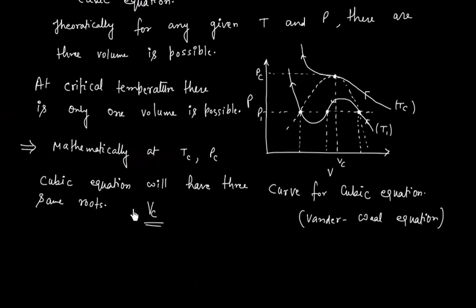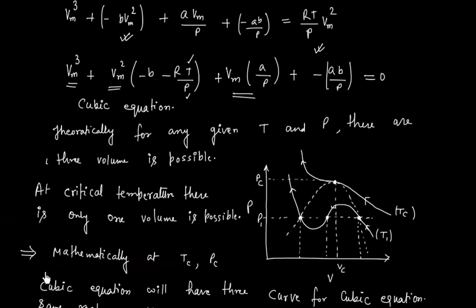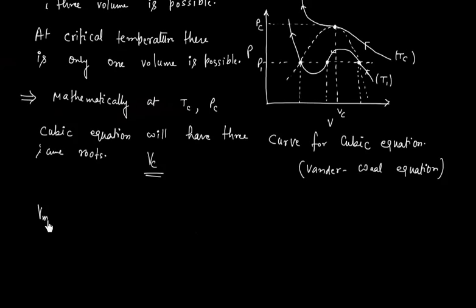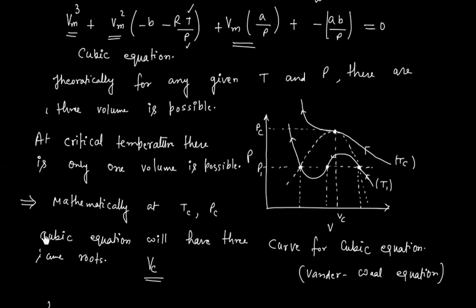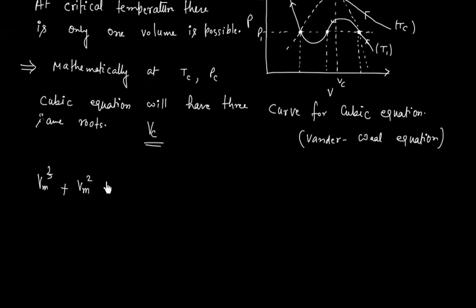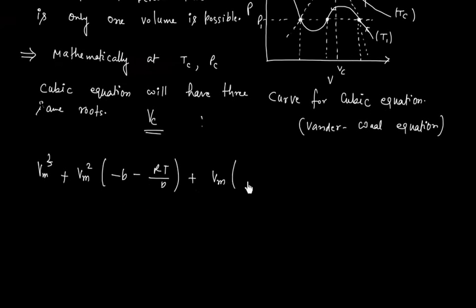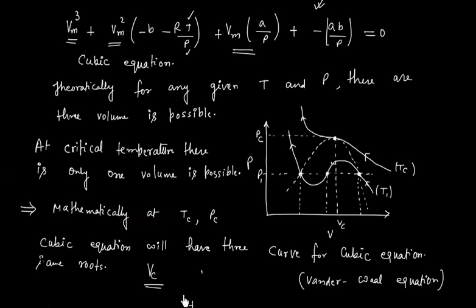So three roots will coincide and these three roots will be Vc. So cubic equation we can write at critical temperature and critical pressure: Vm cube plus Vm square (minus b minus RT by P) plus Vm a by P minus ab by P.